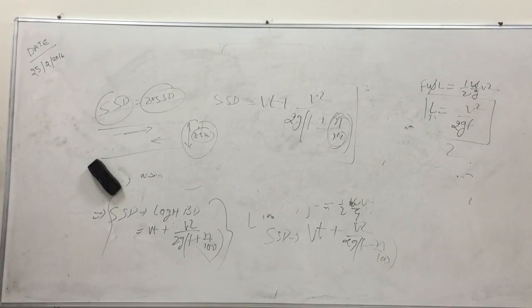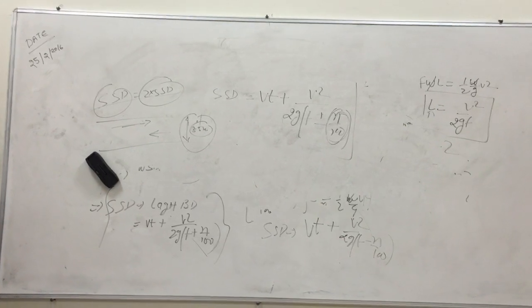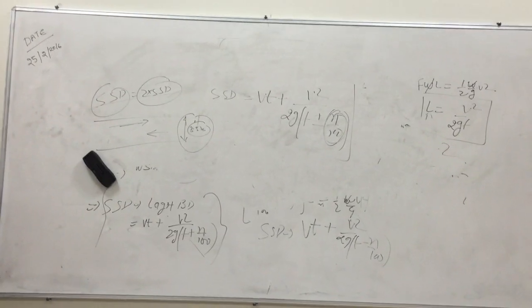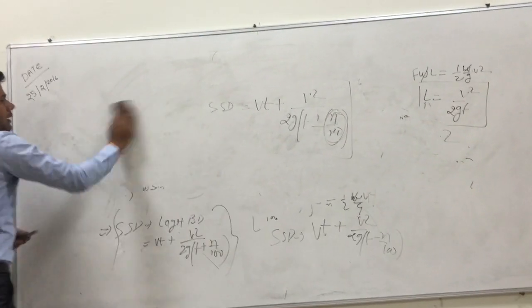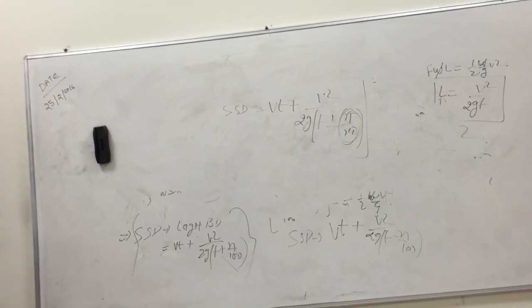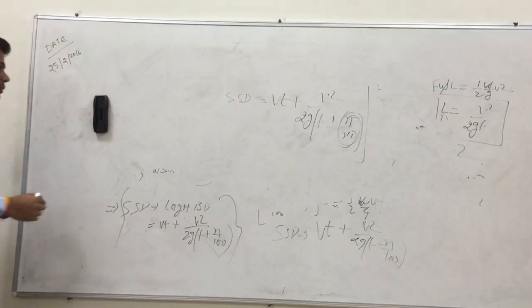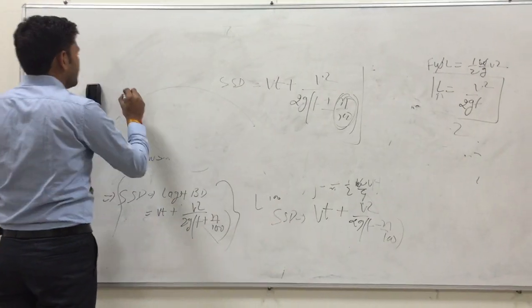Third is on the vertical curve. There is a definition, that is the distance at which a driver from a height of 1.2 meter can see an obstruction at a height of 0.15 meter.